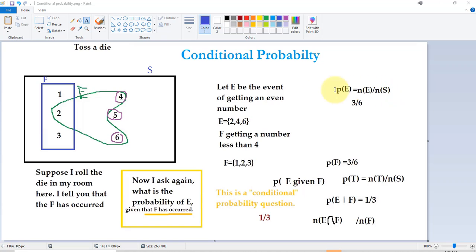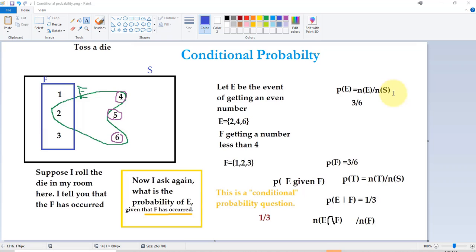The number of elements in E is 3, so we put a 3 in the numerator, and the size of the sample space, n(S), is 6. So we get 3 over 6, or 1/2, which is just what we thought.